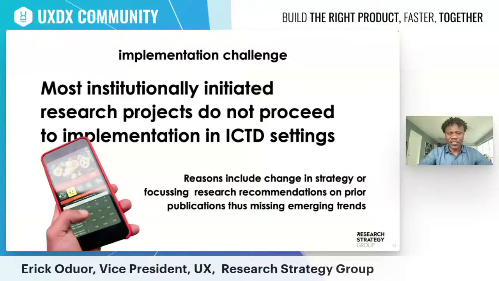And one of the challenges that I think should be highlighted is that these projects eventually, we write research papers that people don't end up reading in the village. So there is a change in strategy. This happens when community institutions set up these projects, and then once focus shifts, they move on.